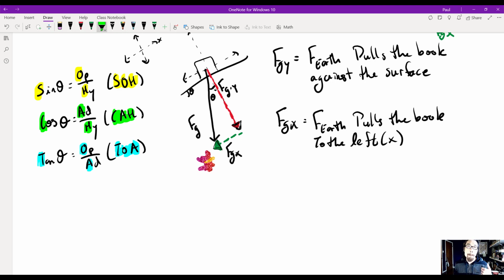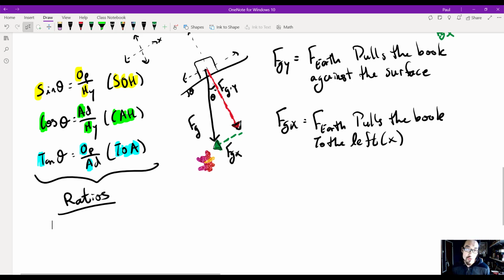Now, in terms of math, what SOHCAHTOA, or these trig functions, tell us is that these are all what we call ratios, like a 2 to 1 or a 3 to 2. So for sine, the length of the opposite side over the length of the hypotenuse will always give us a ratio that is the sine of theta.